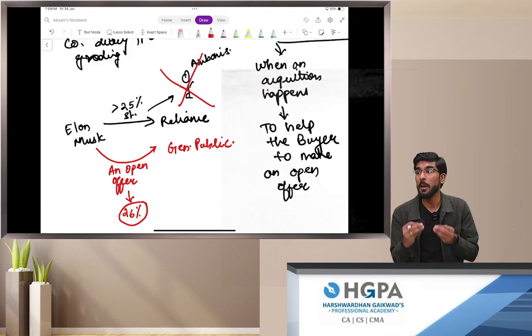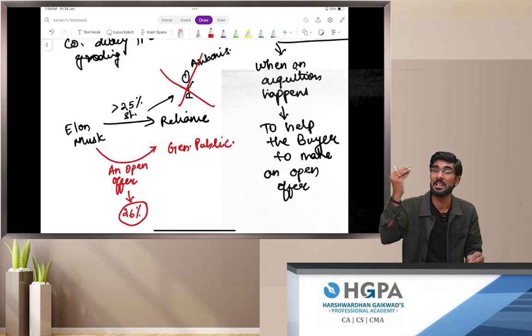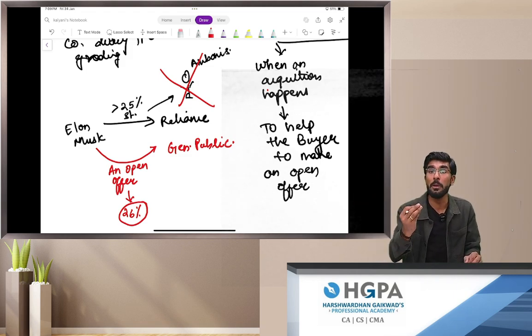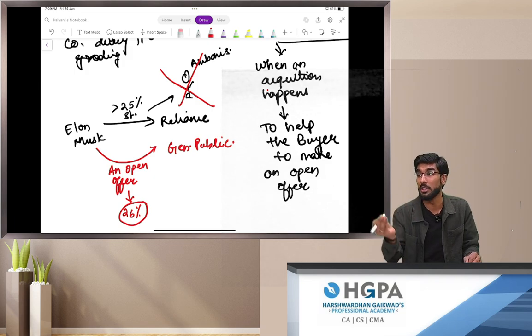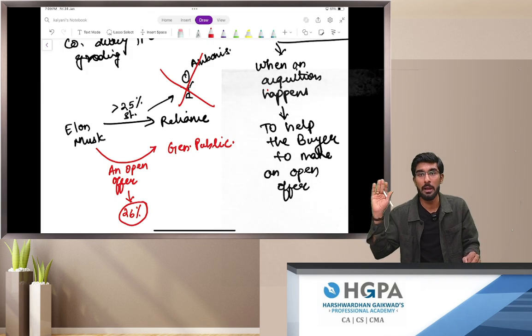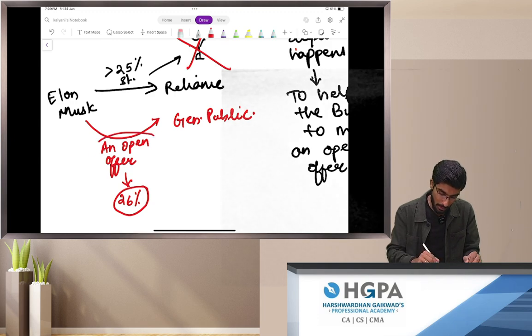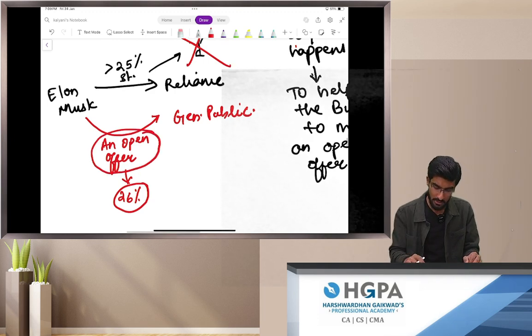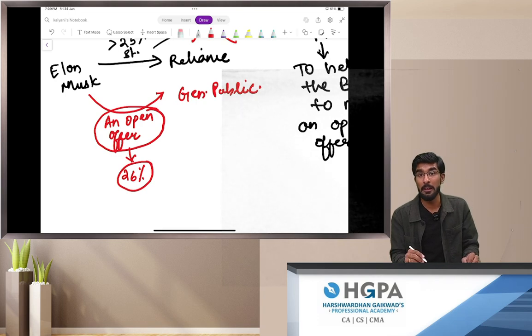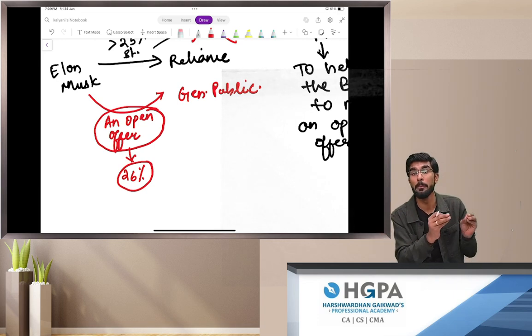That is why before Elon Musk purchases shares from the promoters, he should give an open offer to the general public, giving them the opportunity to exit their shareholding. This is called an open offer. The general public, if they believe in Elon Musk, will not sell their shares. If they do not believe in him, they will sell their 26% of their shares.